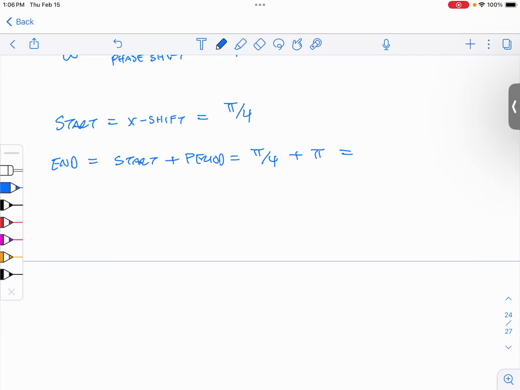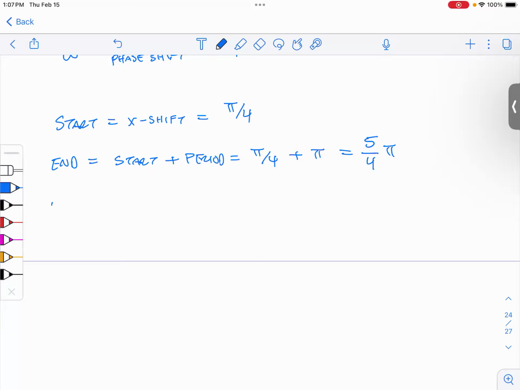And this is the start of upper division math. We don't write mixed numbers, right? Everything is always improper fractions, because we have to turn this back into 5 pi over 4, or 5/4 pi. That's the easiest way: drop the pi's, add the numbers, put the pi back in.